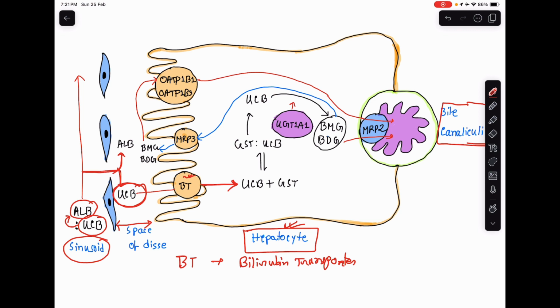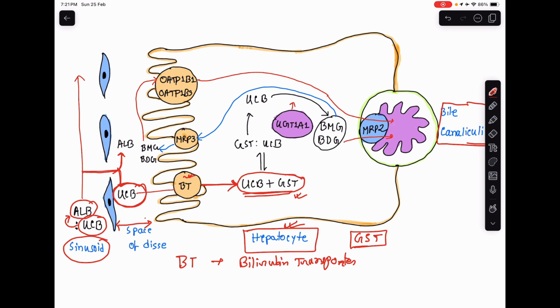In the cytosol of the hepatocyte, what happens? The unconjugated bilirubin gets bound with the glutathione S transferase group of proteins, GST. GST stands for glutathione S transferase. So once unconjugated bilirubin is bound to glutathione S transferase, there is no reflux back into the space of Disse.